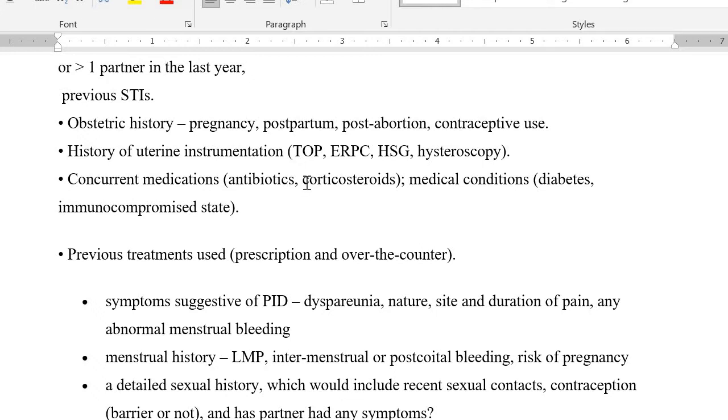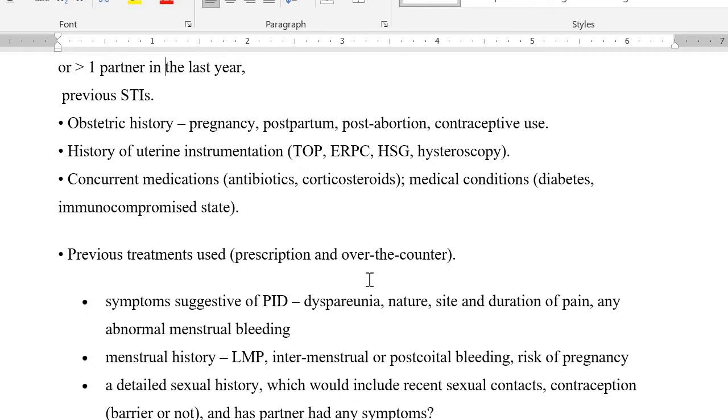If the patient has been taking antibiotics and corticosteroids, then the chance of opportunistic infections will increase. Then does she have any medical conditions like diabetes, immunocompromised status, all of these things? So you have to take a detailed, good history for that. That is one thing.